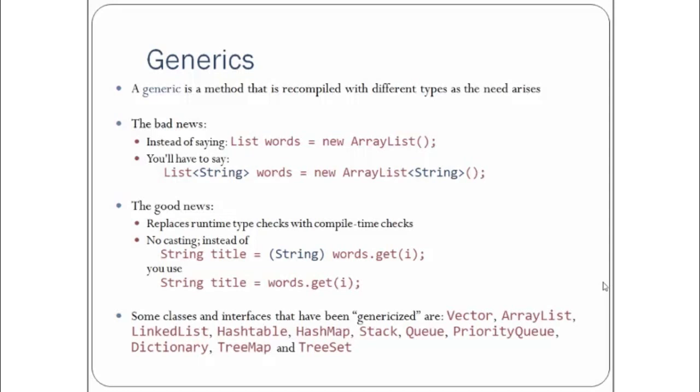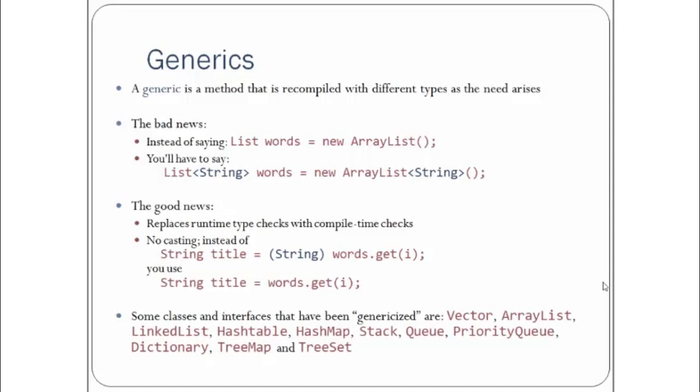Okay, so the bad news is instead of saying List words = new ArrayList, you'll have to say List<String> words = new ArrayList<String>. Fine. And the good news is it replaces the runtime check with a compile time check. No casting: instead of String title = (String) words.get(i), that means no casting is required.